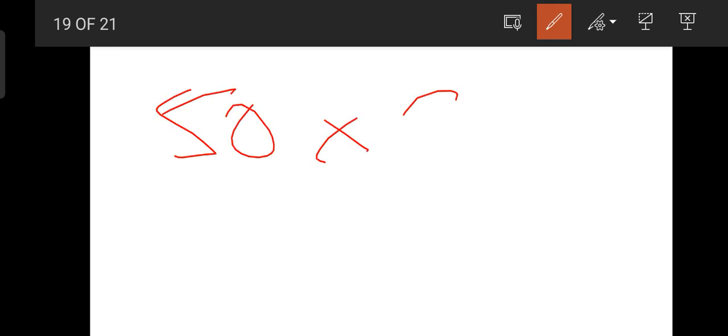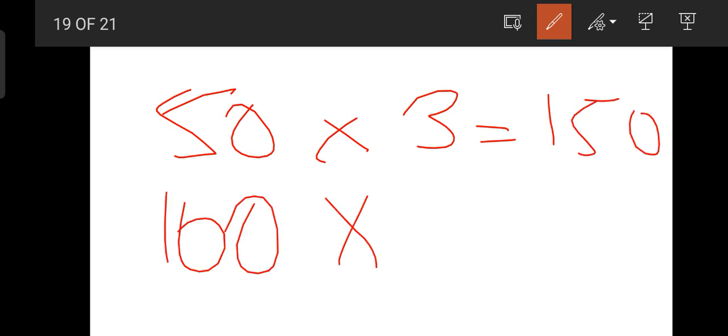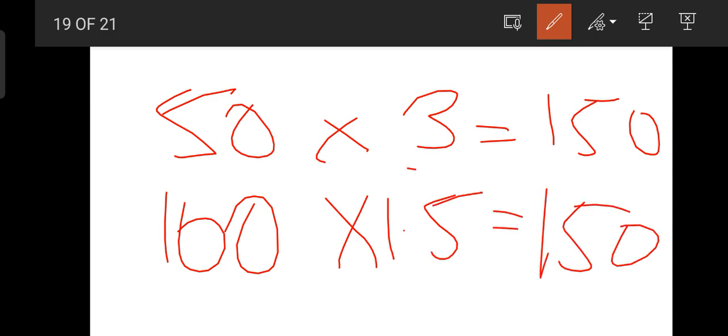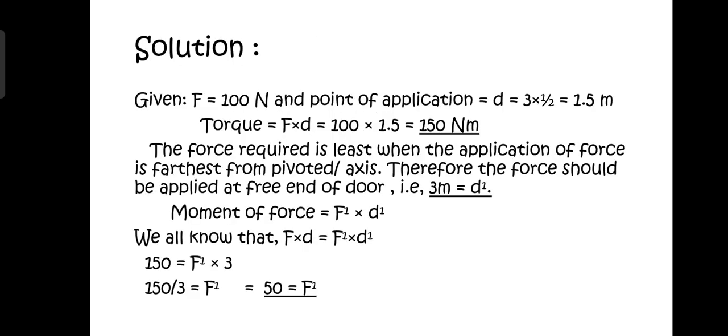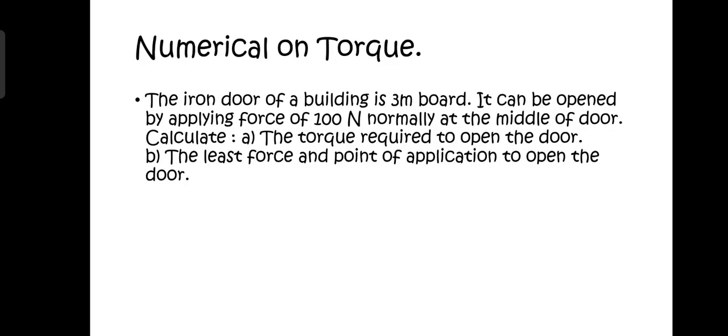The answer is 50 Newton. Let's calculate: 50 Newton into 3 meter is equal to 150, and 100 Newton into 1.5 is equal to 150. Both are equal.